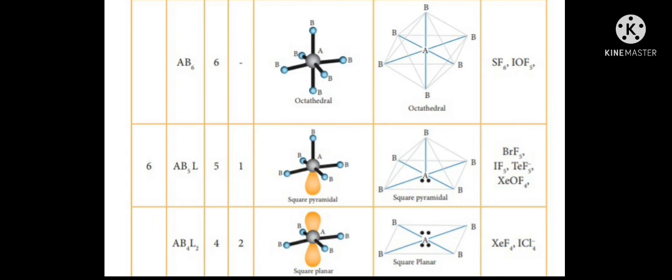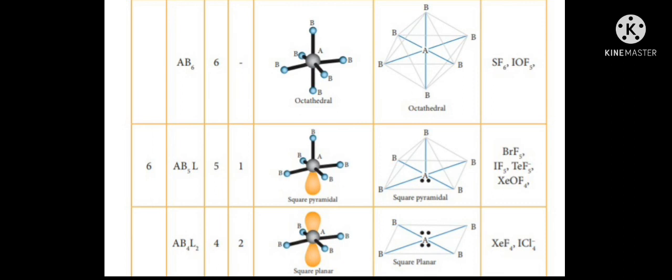Again, let me discuss number of electron pairs equal to 6. Here, the molecule with the formula AB4L2. It contains 4 bond pair electrons and 2 lone pair electrons.